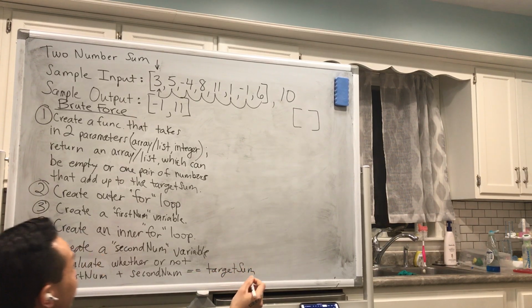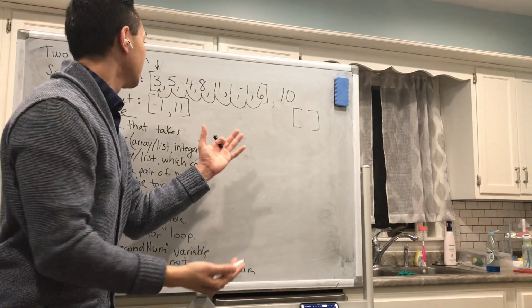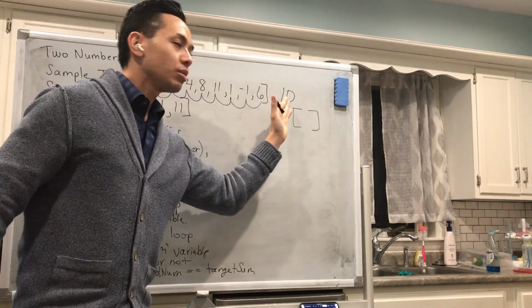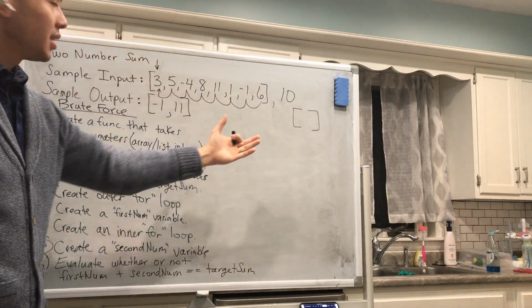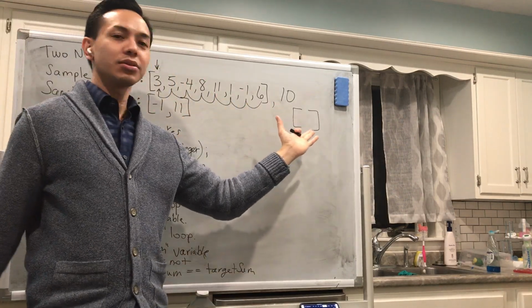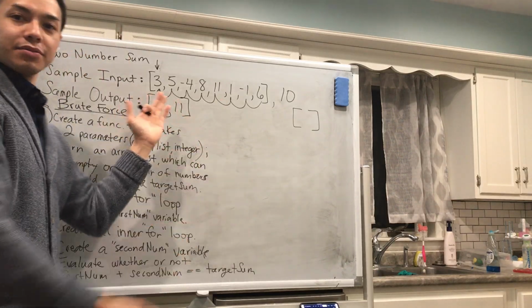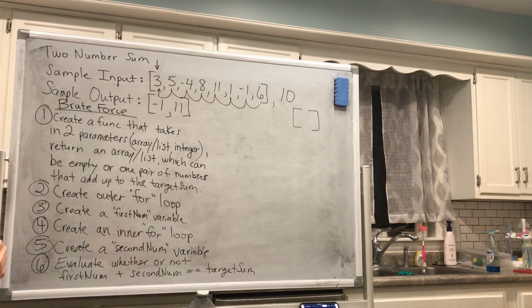Why? Because that's the whole premise of the problem. Right? We're looking for two numbers. They're going to add up and equal that number. And if you don't find any, return that empty array right there, the empty list. But if you do, slap that pair of numbers right on in there. All right, so that's step 6 there.